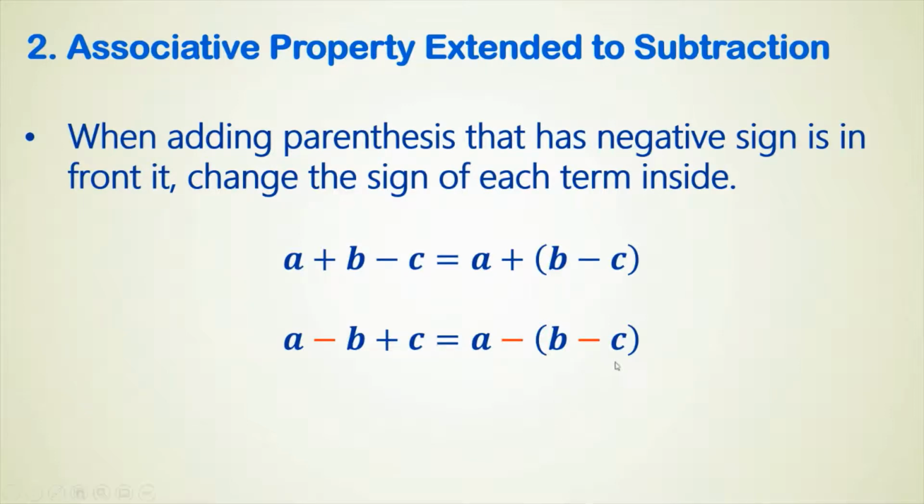So in these two expressions here, if we're to insert a parentheses to group B and C together, the first one becomes A plus B minus C. Since it's a plus sign in front of the parentheses, the terms inside remain as is. In the second expression, it becomes A minus parentheses B minus C, where the signs of the terms inside are all reversed. So let's take a look at two examples.